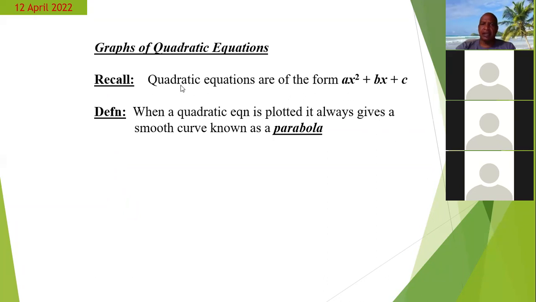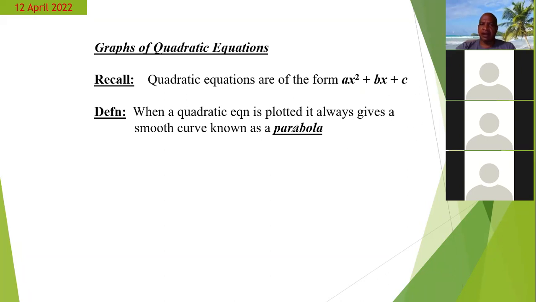All right. Now once you plot a quadratic equation, you're not going to get a straight line, because in this case you have an x squared, and this x squared is what is going to make you get a curve, right? And so for a quadratic graph, you will get a curve looking like a valley or a curve looking like a mountain.